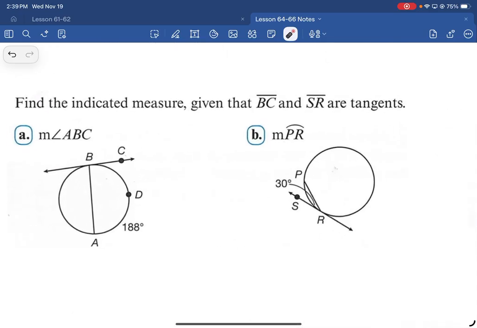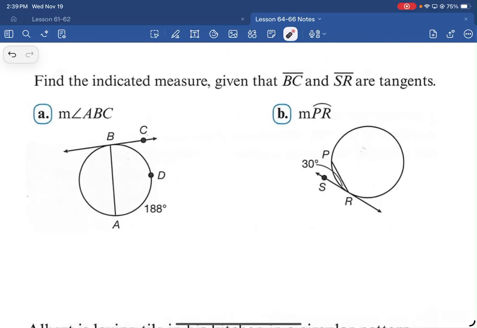Let's start with the first theorem, where it talked about tangents and chords. Okay, so in this problem, they want us to find measure of angle ABC. And over here, they want me to find arc PR. So, what are your thoughts? How do you think I'm going to solve for the measure of angle ABC?